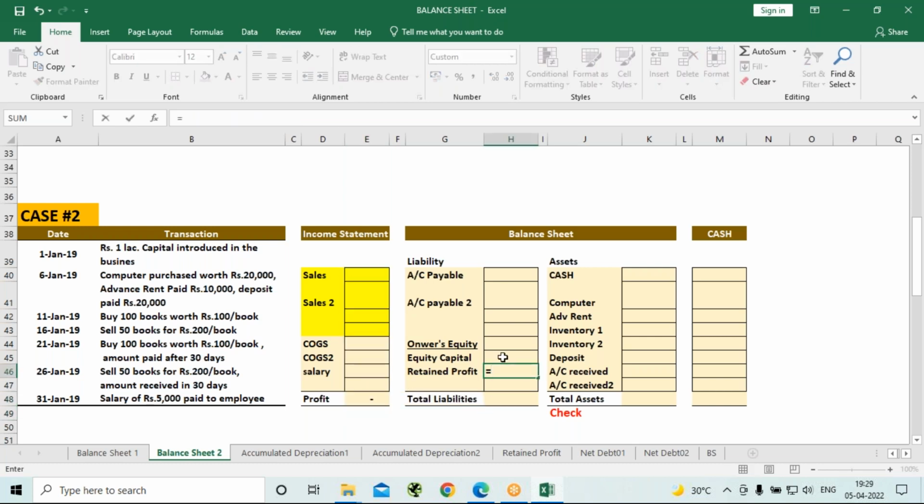So this value should be equal to this value, and this should be the sum of the total of this, and this should be equal to the sum of all these values.